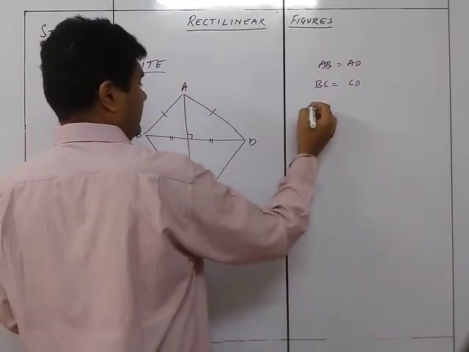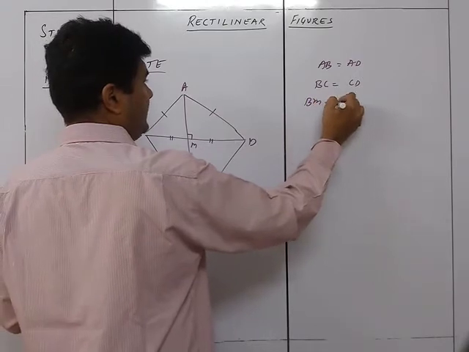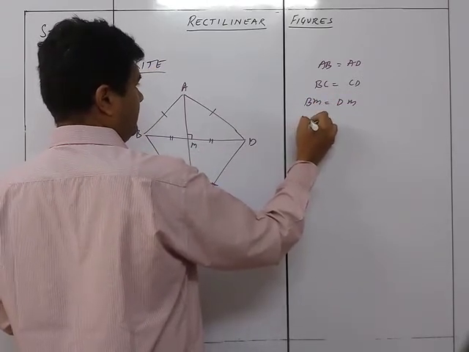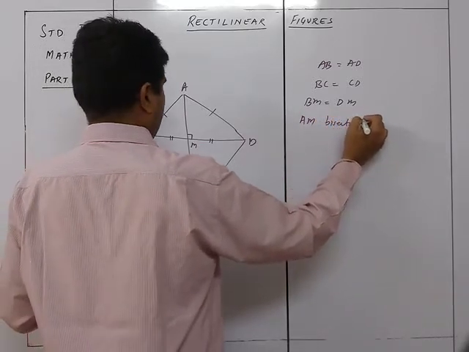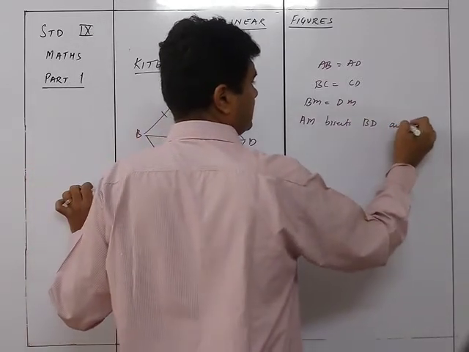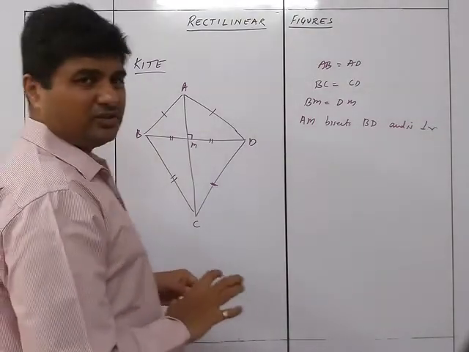And we have got, अगर यहाँ पे M लिखा तो BM is equal to DM, and so that's why AM bisects BD and is perpendicular. Okay, so these are the things which are here.